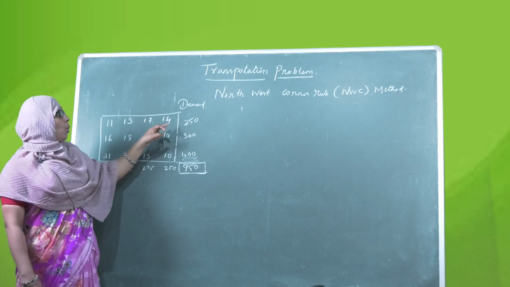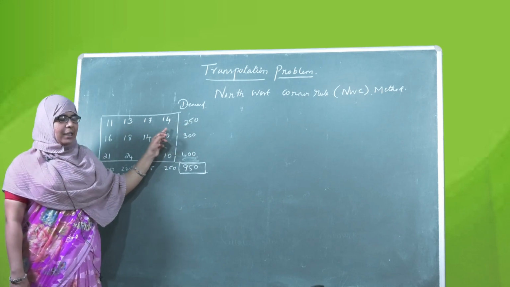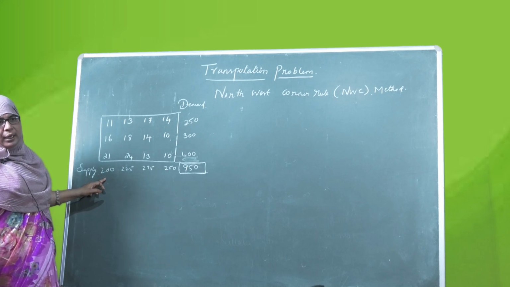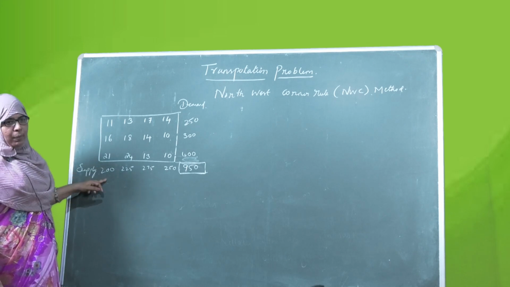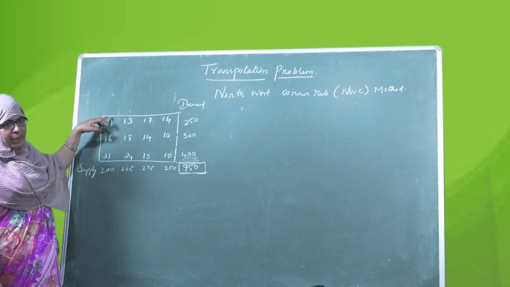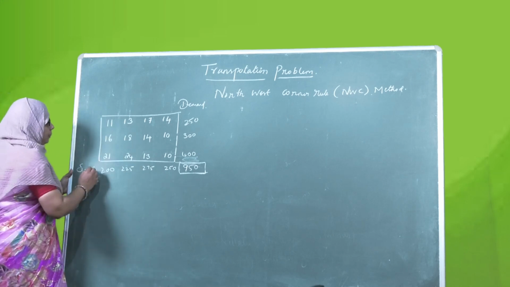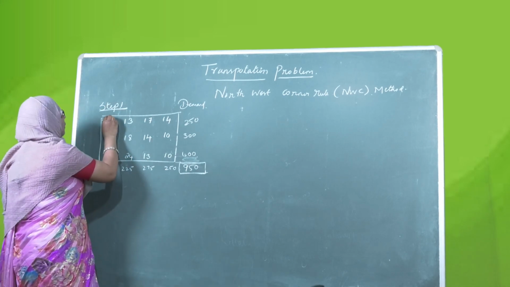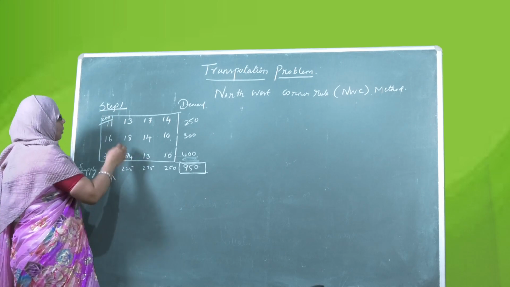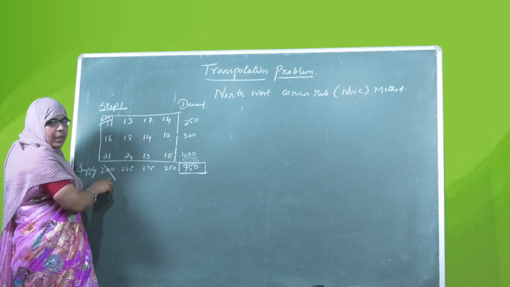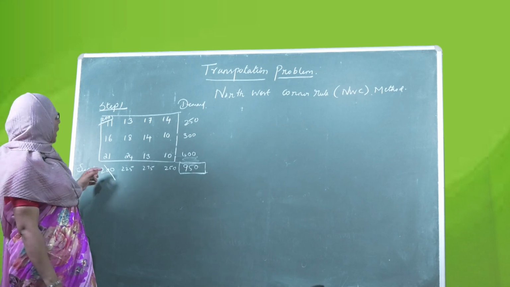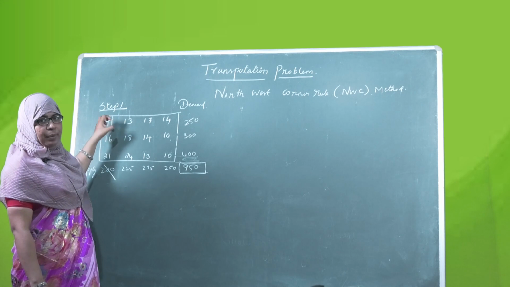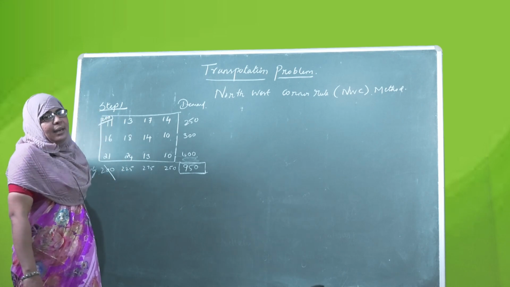For step 1, the row element is 250 and the column element is 200. Which one is the minimum, 200 or 250? Obviously 200 is the minimum, so you allocate the minimum element, 200, in the first cell, because it is the northwest corner element.